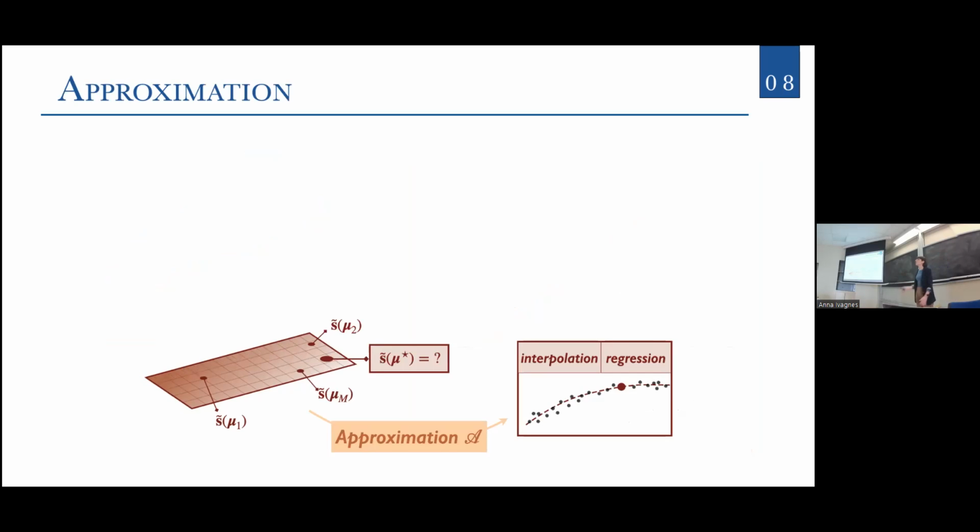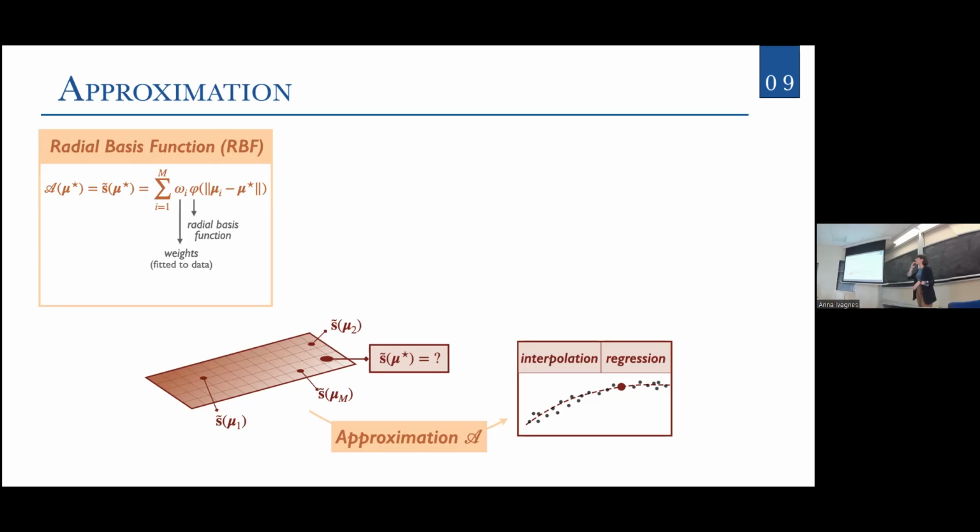Okay, now let's jump to the second step, so the approximation step. In this case, we want to find the map between this mu, so the parameter, and the reduced representation S tilde. We can have, as I said, the interpolation regression approaches. One approach can be the radial basis function interpolation.